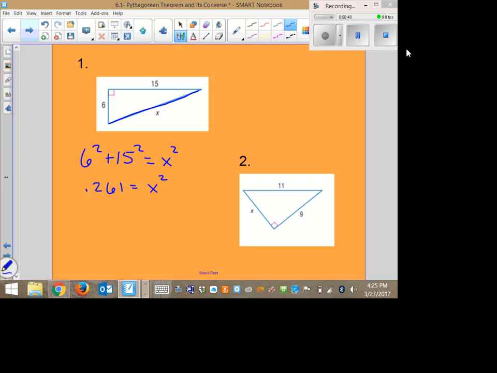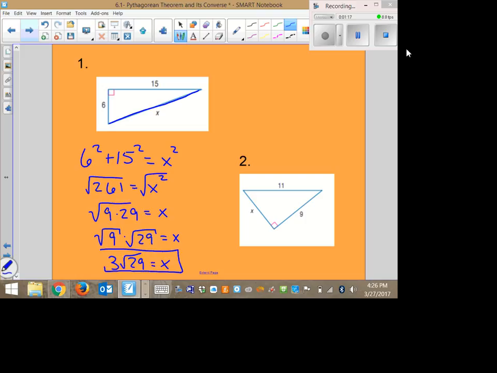Taking the square root of both sides, we get that the square root of 261 is equal to X. And we can write the square root of 261 as the square root of 9 times 29, so that equals X. And we can keep rewriting this: square root of 9 times the square root of 29. So we're just simplifying the radical here. So we get 3 square root of 29 is our X value. So make sure you're simplifying the radicals.